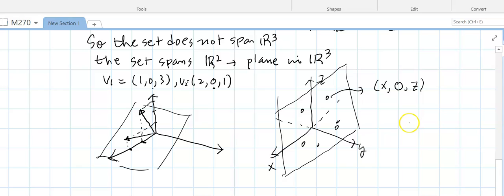X and z can be any value, but the y coordinate is 0. So this is what we call the xz plane. Okay, so it spans R2.